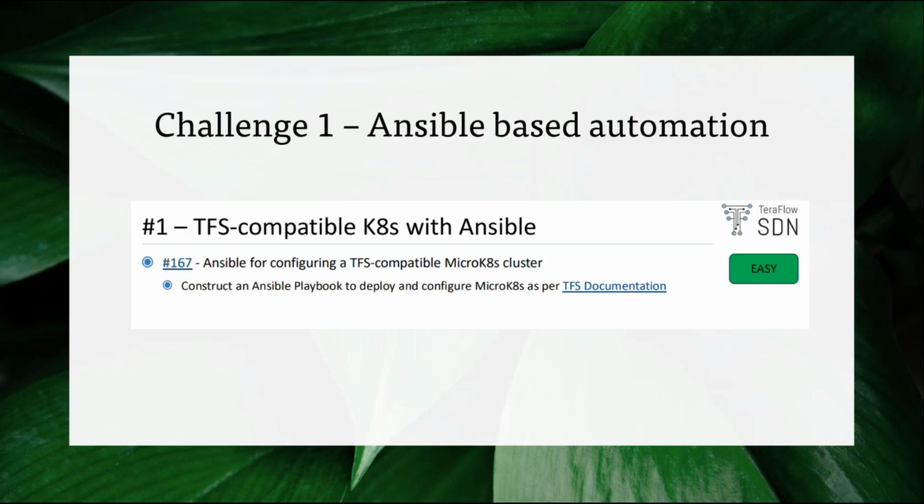And then the second challenge we worked on is the Ansible-based automation. The goal is, instead of running these commands manually, like we saw in challenge zero, why not have an Ansible playbook, which you run once and then it installs micro Kubernetes in your system.